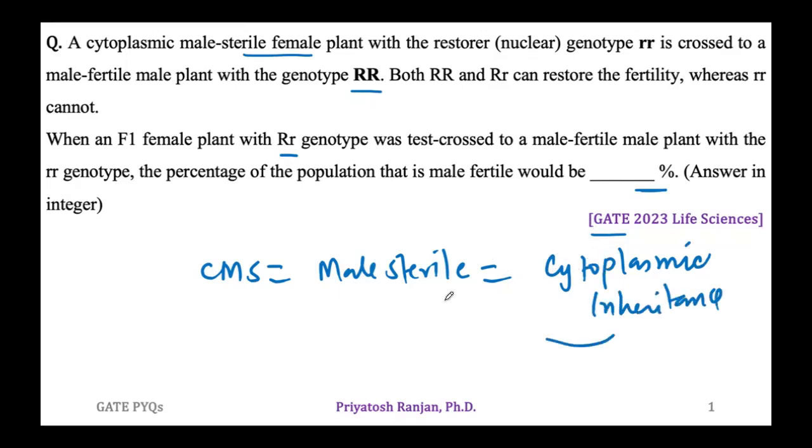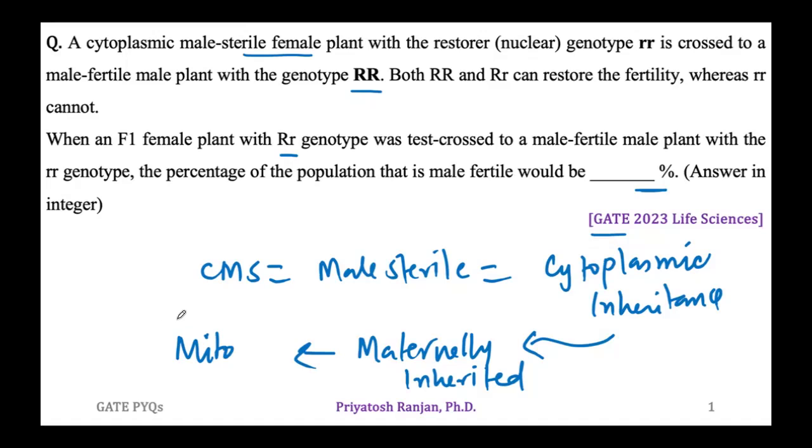And this is maternally inherited, often associated with unusual open reading frames found in the mitochondrial genome. So a dysfunctional mitochondrial genome results in male sterility in plants, where the plant cell is unable to produce functional pollen.